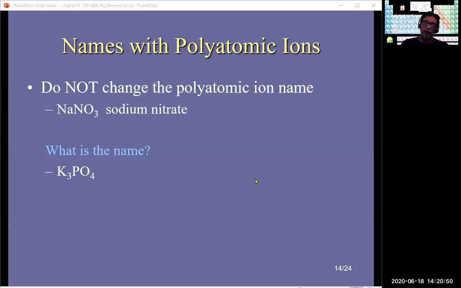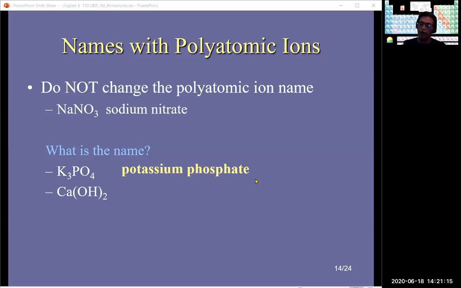Now here we have potassium, and then we see PO4. PO4 is a polyatomic ion, which is phosphate. And the cation is potassium, so its name would be potassium phosphate. Here's a parentheses. Parentheses should trigger something.